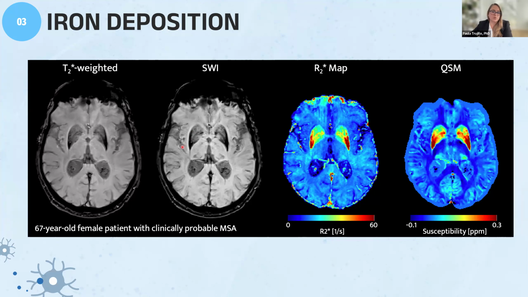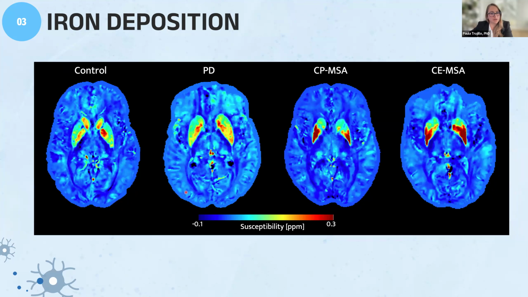So that's where quantitative methods come in. There's a new method called quantitative susceptibility mapping, and another method called R2-star mapping, that can tell us how much iron is in the brain. Studies that have used these methods have seen higher iron content in patients with MSA.